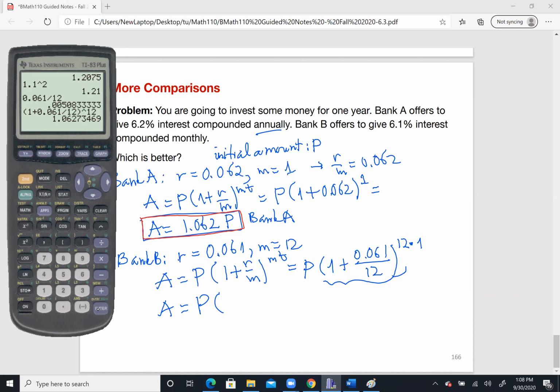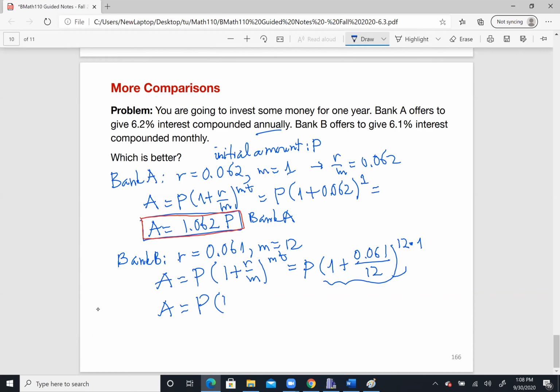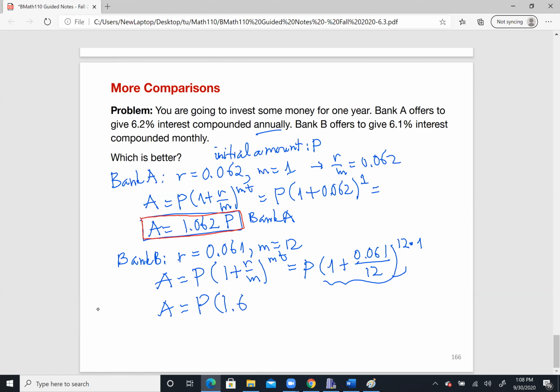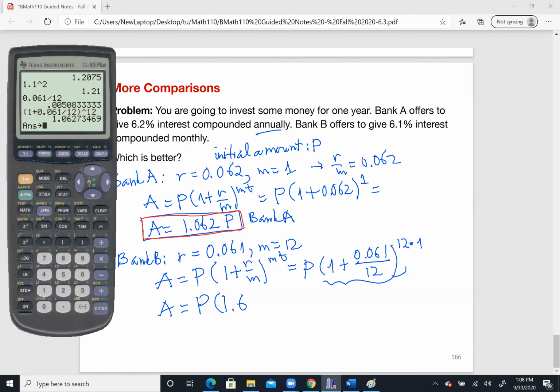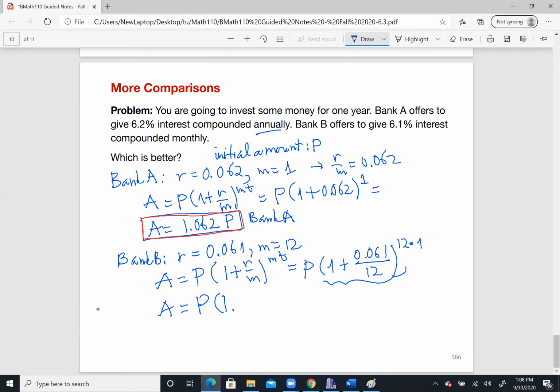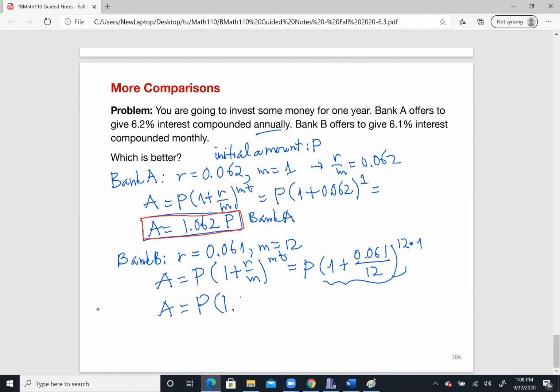You can make an approximation as, no, sorry, 1.063.